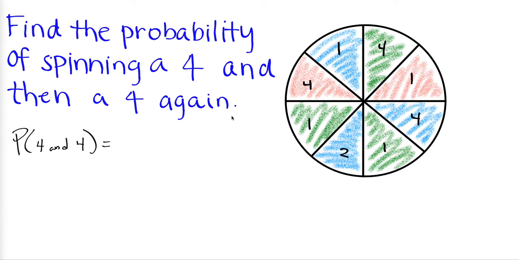The probabilities don't change each time, mainly because none of the choices are being removed. If you spun the red 4 and then you took that piece out, then the second spin would have different probabilities because that's no longer an option. That would be dependent. But on this one, everything is still there. You can still choose anything. And so those would be considered independent.